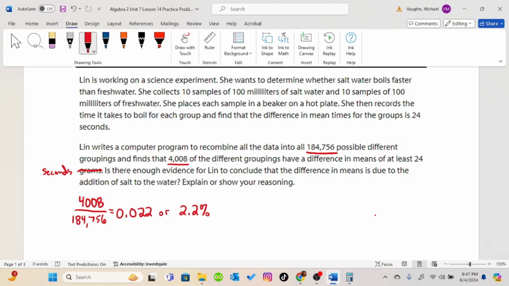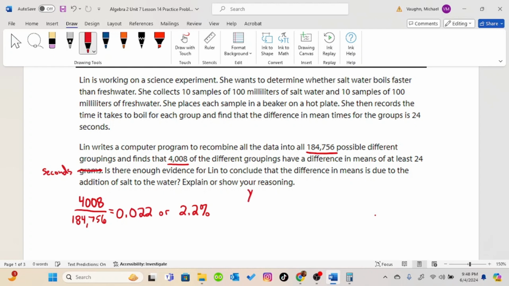If you can only get a difference as large as your experimental difference or larger 2.2% of the time when you randomly simulate the combinations, then this means it is likely your treatment.